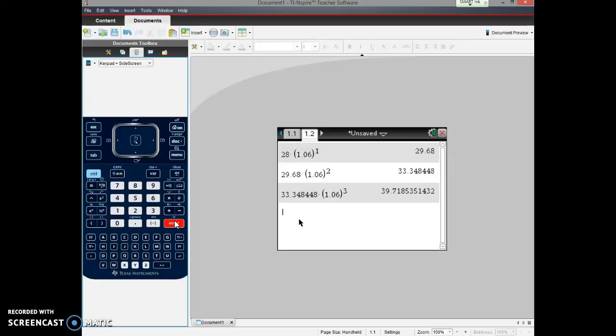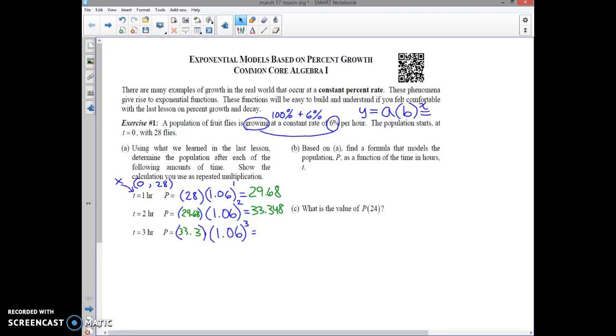And so it's 39.72 after 3 hours. So about 40 flies. Hopefully I did that correctly. If you got something a little bit different, please make sure that you're checking my work.